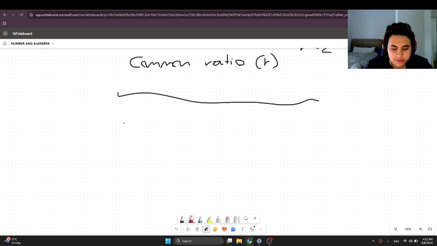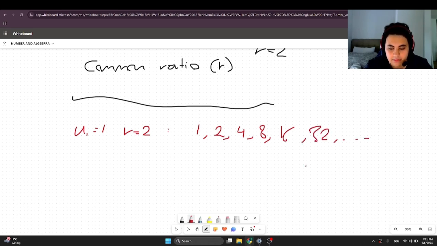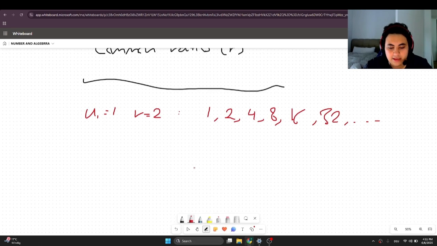So I'll use red for this one. Let's say U1 is 1 and your common ratio is 2. When you start building your sequence, it will look something like this. You have 1 multiplied by 2 is 2, 2 times 2 is 4, 4 times 2 is 8, 8 times 2 is 16, 16 times 2 is 32, and you keep going. For example, you can have U1 is 1 and R is equal to -2.